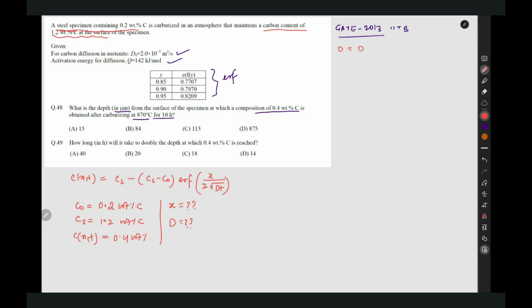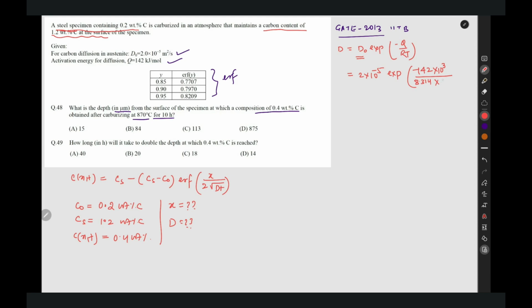D equals D0 exponential minus Q by RT. We will substitute the values: D0 is given in the question as 2 into 10 power minus 5, exponential minus activation energy, given as 142 kilojoule. The value of R is 8.314 joule per mole per Kelvin, into temperature in the absolute scale.